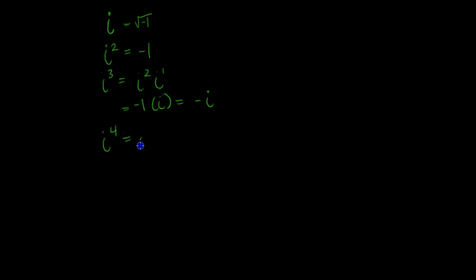What about i to the fourth? i to the fourth is the same as i squared and i squared. So i squared is equivalent to negative 1, and I have another negative 1. Two negatives make a positive, and I'm left with positive 1. If you have i to the fifth, we know from the previous example that it's i, but I could still break it down like this. i squared times i squared times i.